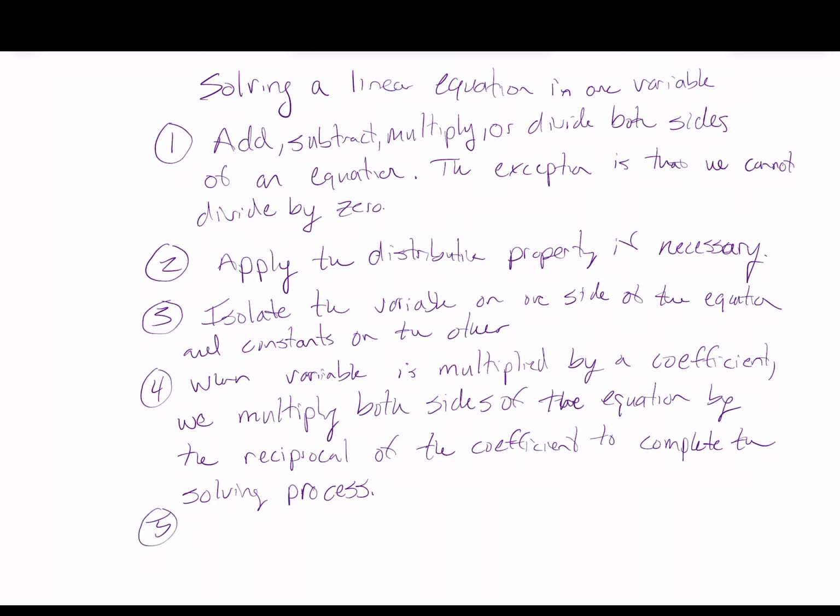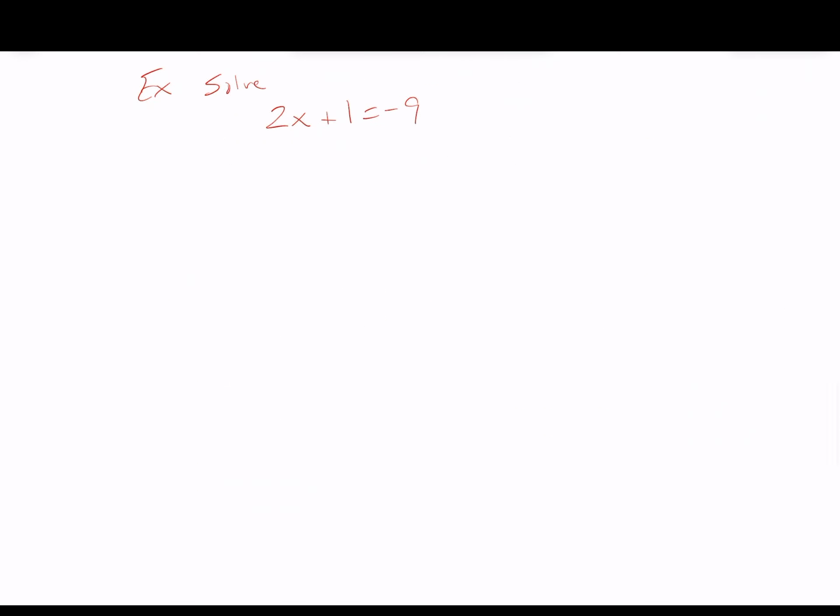And I would always add in a last step to check your answer by substituting back into the original equation that you had. Let's move on and do an example. Okay, we want to solve the equation 2x plus 1 equal to negative 9.